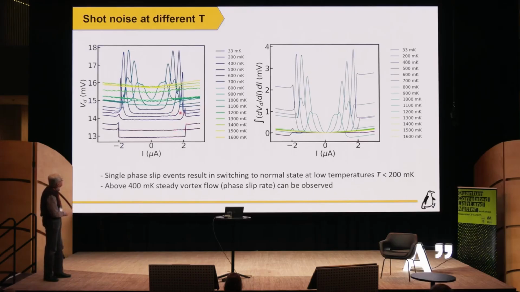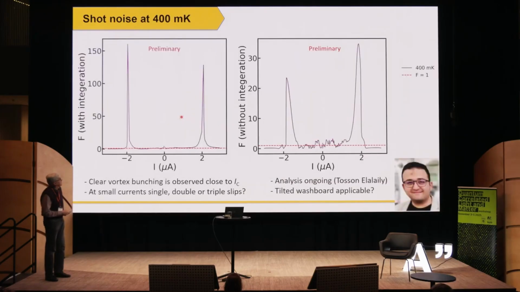But in this range here at 400 millikelvin, you can see the region where you can have this bunch shot noise phenomena. And this is what we see. We get 20 in that range, 20 phase slips in one bunch, and at low currents it's 1, 2, or 3 in this case.